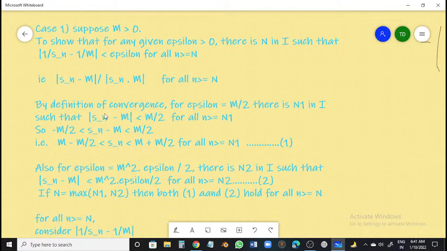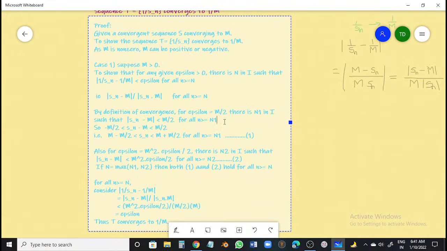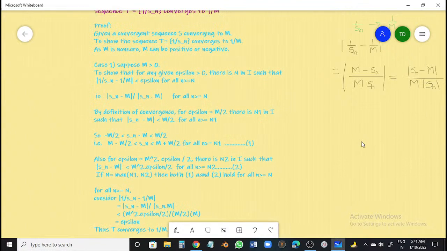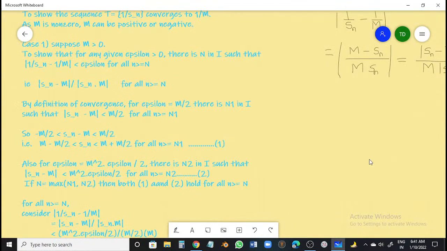Now let us try to simplify this. This is the inequality. So what we observe here: minus m by 2 is less than Sn minus m, which is less than m by 2. All of us know this very well. Suppose we are handling mod x less than c, how do we handle such kind of terms?